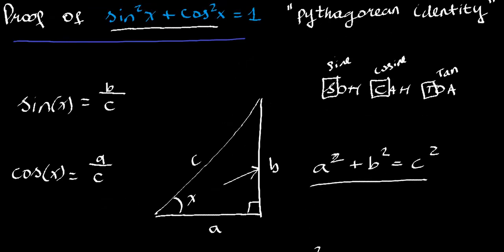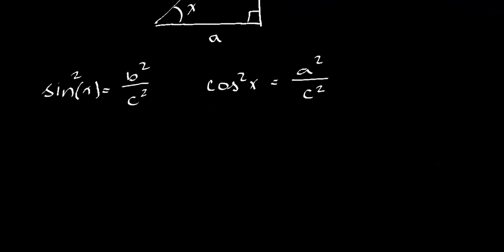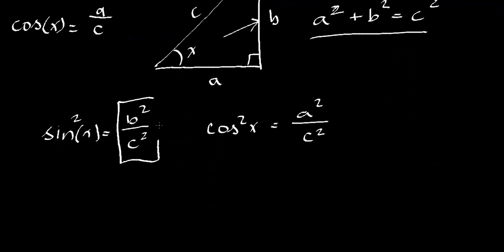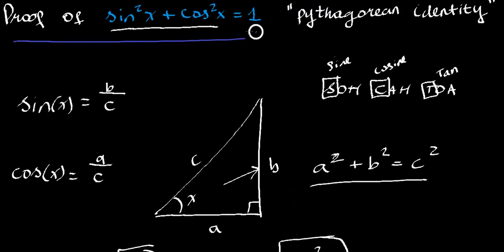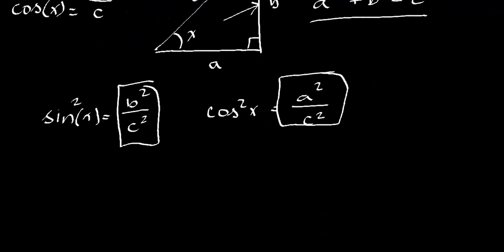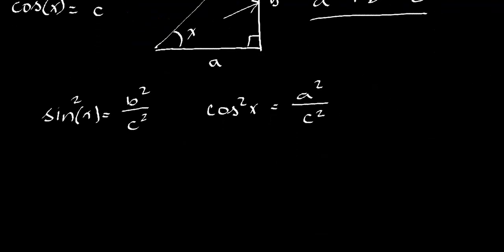Just squared each piece. And now we want to add it, right? We're going to do exactly what this shows. We want to add both of the pieces, this piece and this piece, and see if we can get 1. Let's do exactly that.